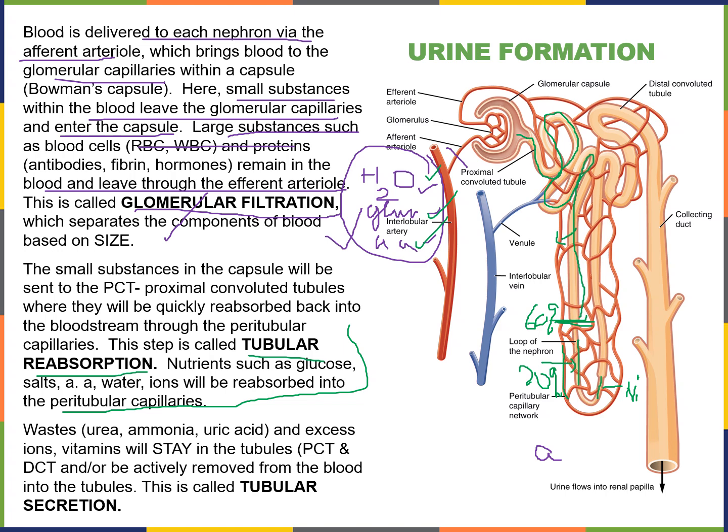Now, as we go up the tubule, this is the distal convoluted tubule here. In the distal convoluted tubule, we need to figure out what happens to the 20% of water that's still remaining behind. That 20% of water remaining behind is moderated by the use of hormones.